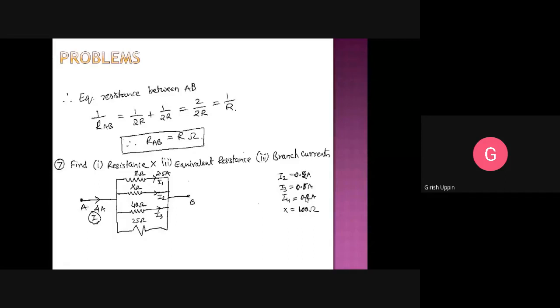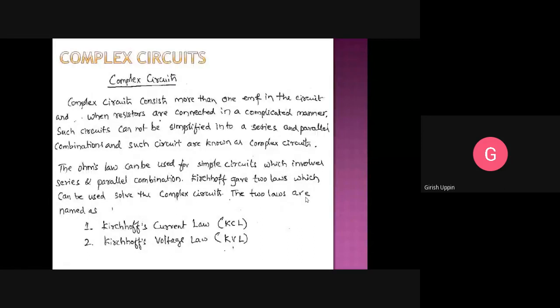Okay. So far what we did was we looked into simple circuits. What is the meaning of simple circuits? Simple circuits is nothing but where we can easily identify whether a set of resistors are connected in series or parallel. By just looking at the circuit, we are able to figure out, then we call it a simple circuit.